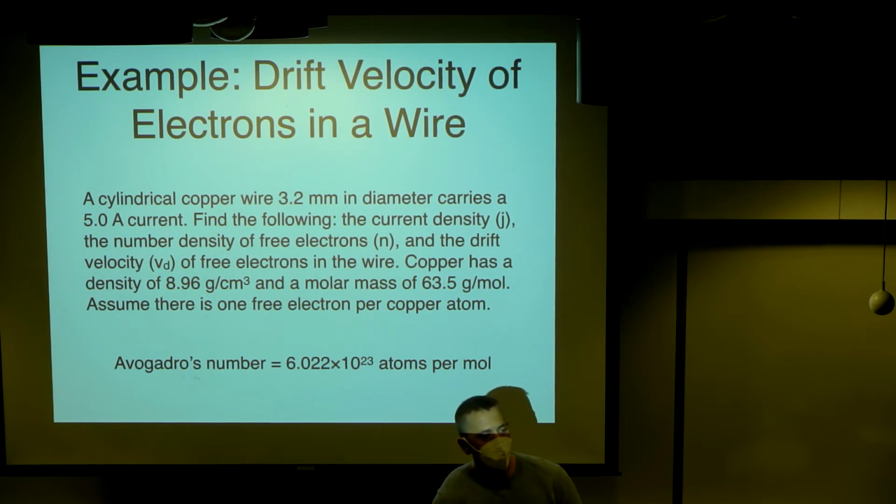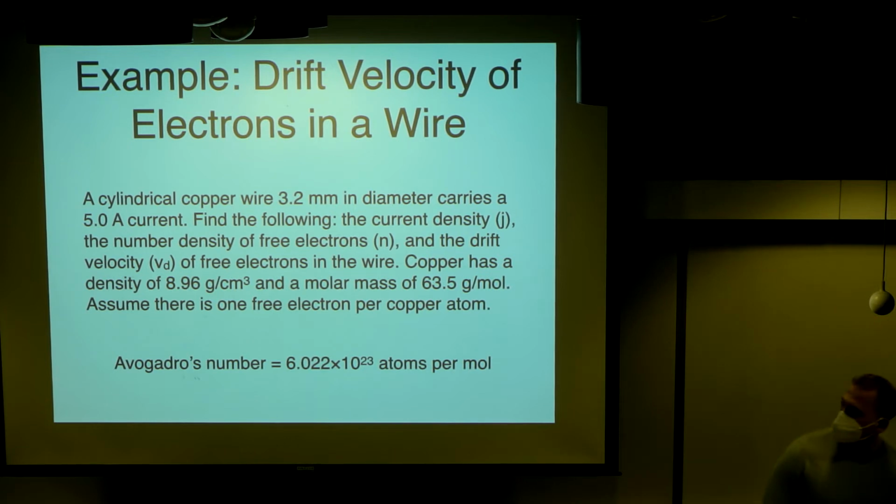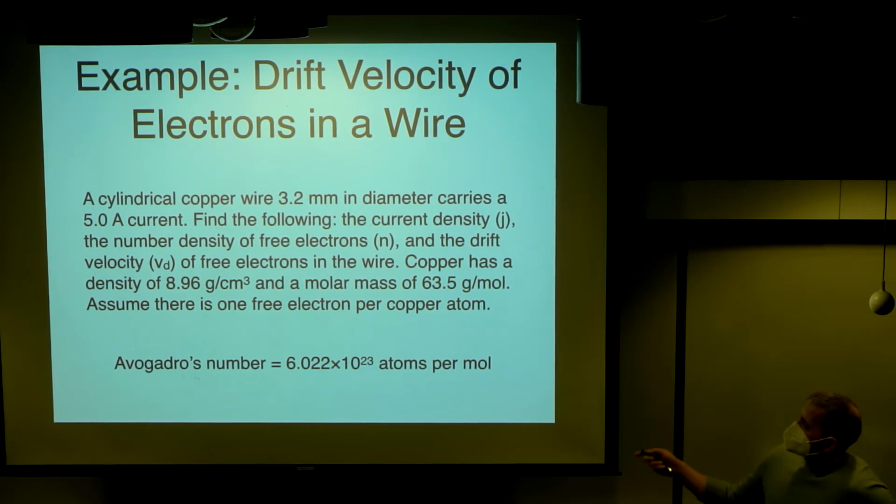So that's a pretty typical diameter for a wire in certain circuits you may find in the real world. Let's say it's carrying 5 amps of current. Okay, it's a pretty decent amount, but not unreasonable. Let's find the following. The current density J, the number density of free electrons, that's lowercase n, and then the drift velocity of the electrons.